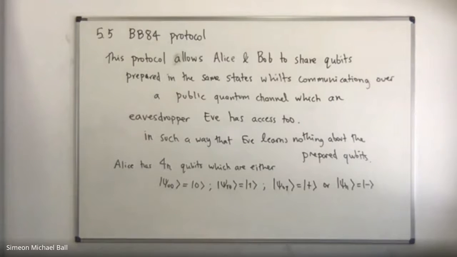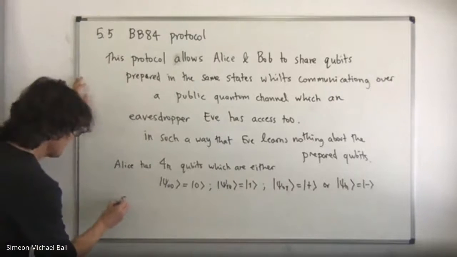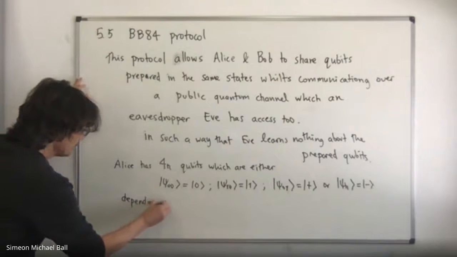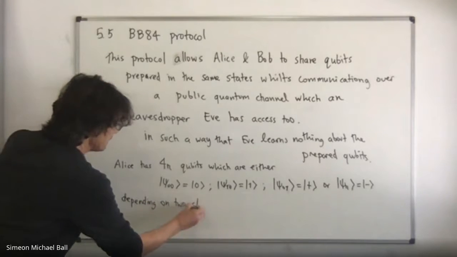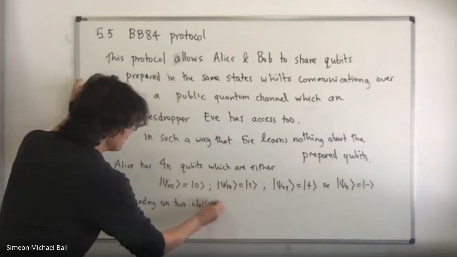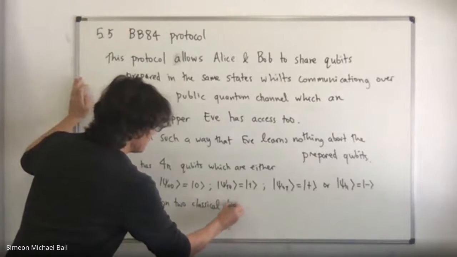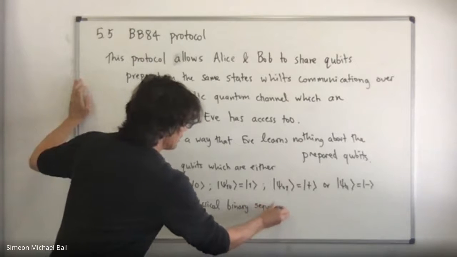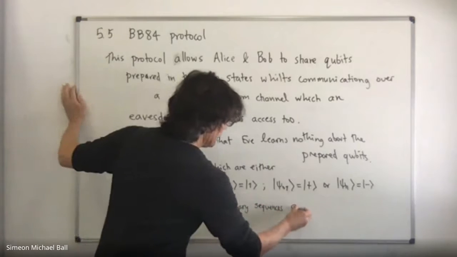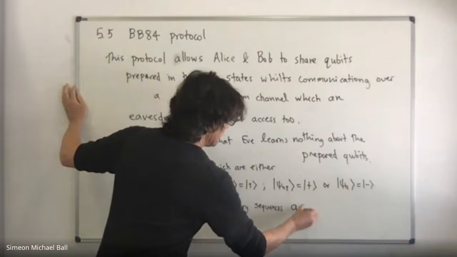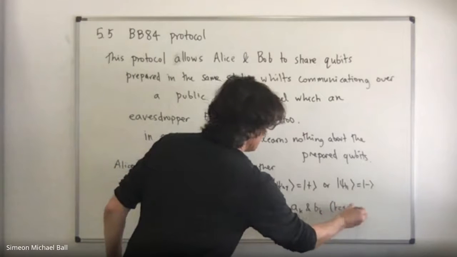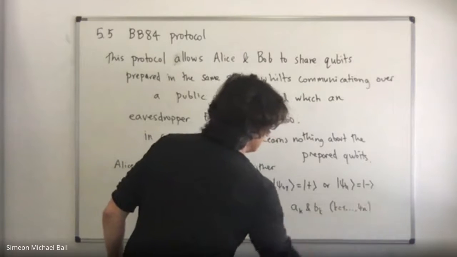And the preparation of these qubits depends on two classical binary sequences, a_k and b_k, where k is going from 1 to 4n.